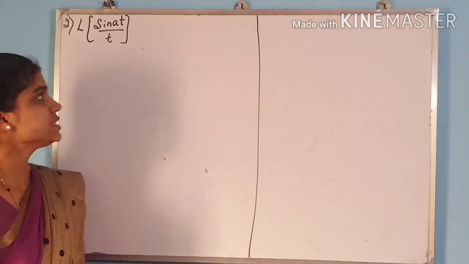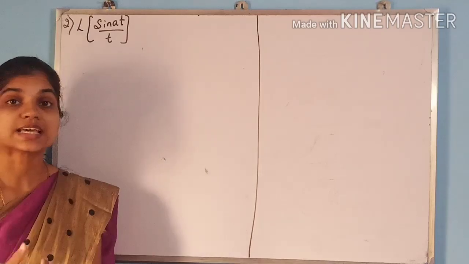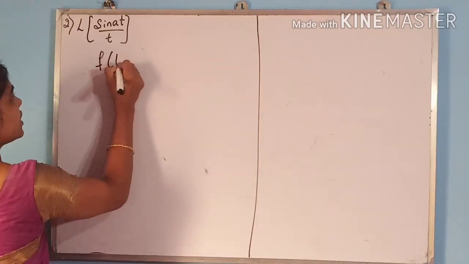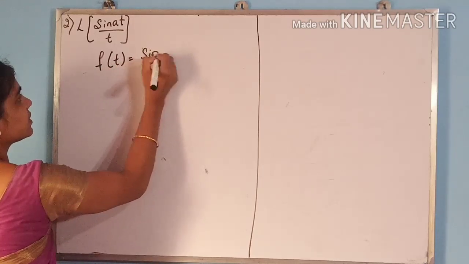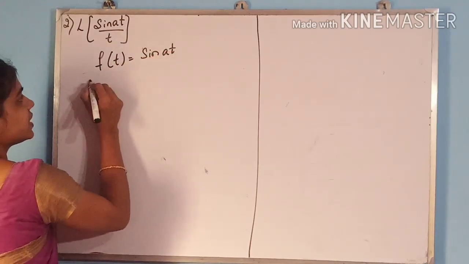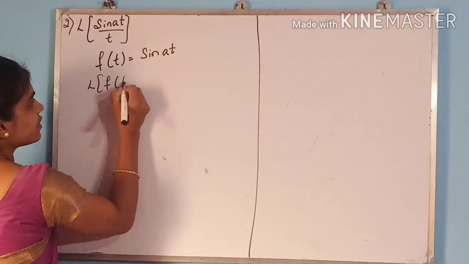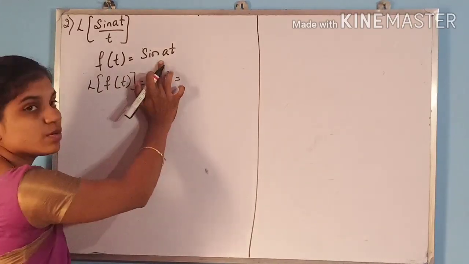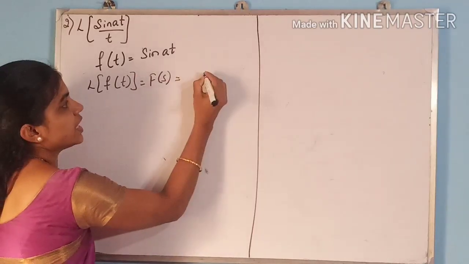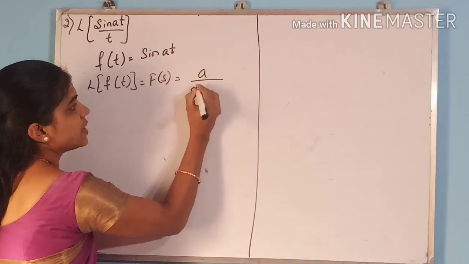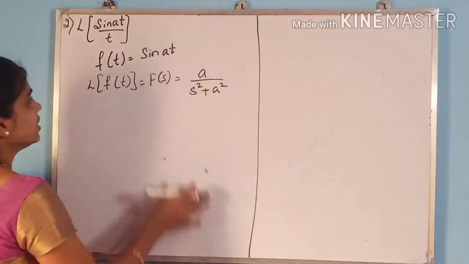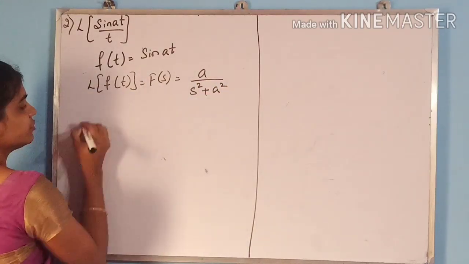Our next problem is Laplace transform of sin at by t. So here, what is f of t? f of t is sin at. So we have to find the Laplace transform of f of t, that is f of s. Laplace transform of sin at is a divided by s square plus a square. Right? Now, substitute in the formula.